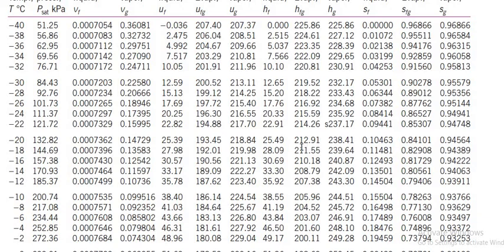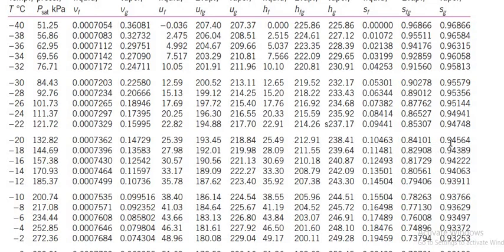So I'll just write the direct values and will not go into the interpolation. If you're unaware of interpolation, I'll make a separate video about it, and you can learn from that as well. So we'll get hg, and we'll also need sg.